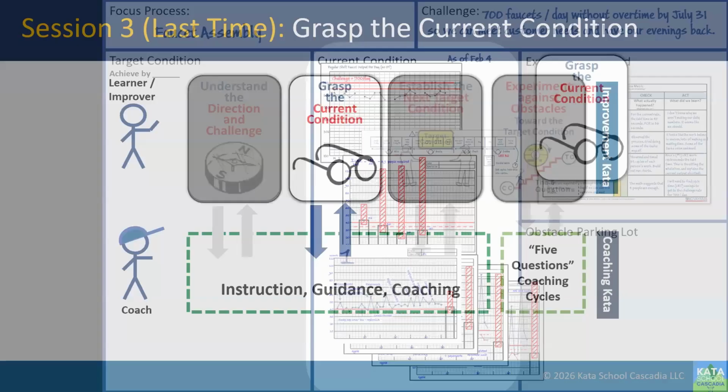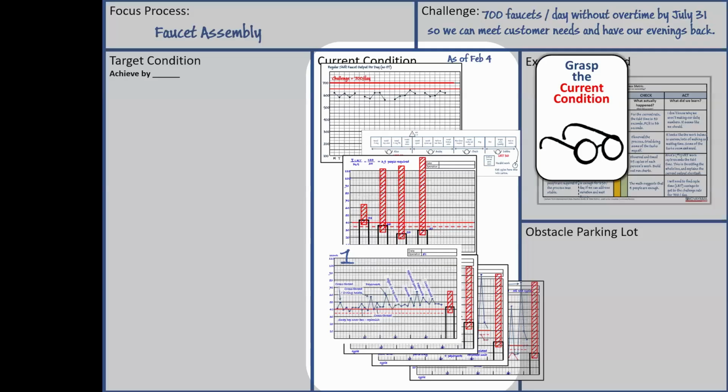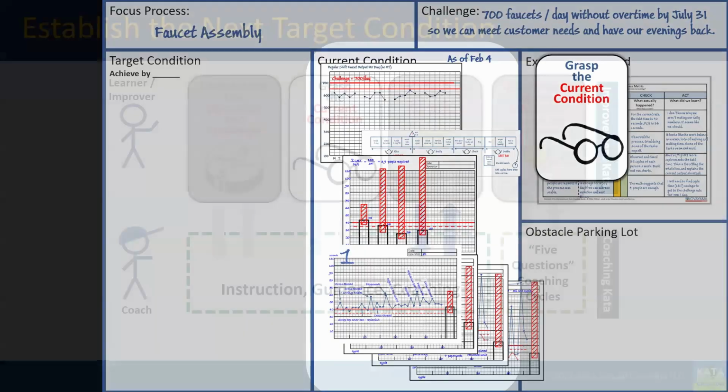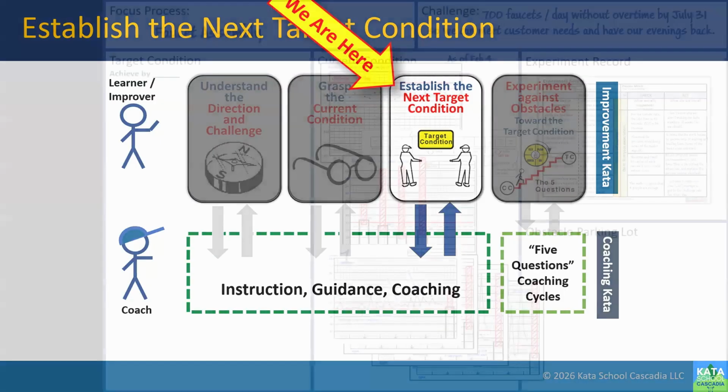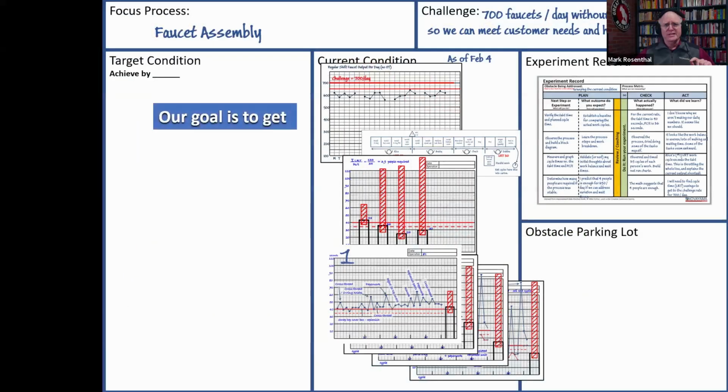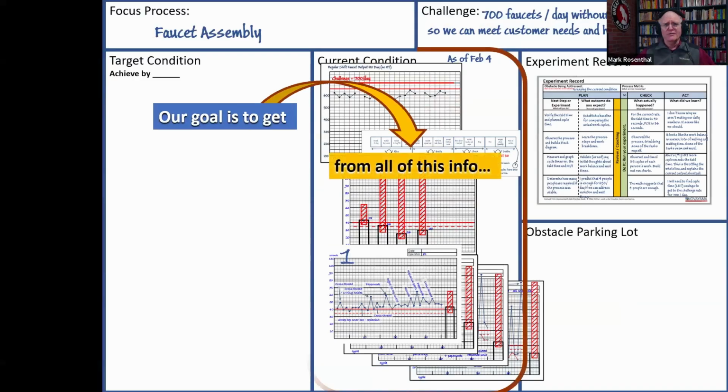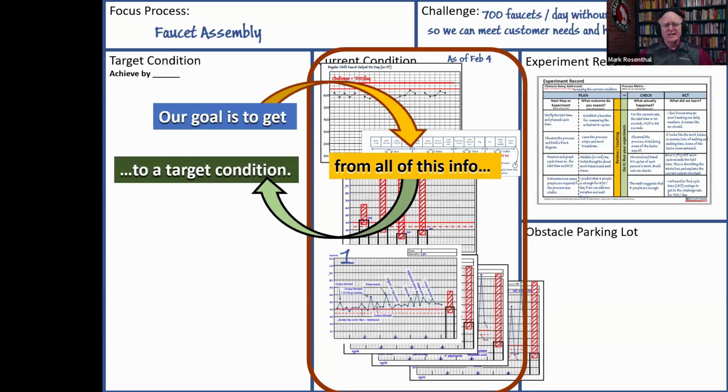We laid out how to do all of this analysis, and we ended up with the center of the storyboard being populated. So today we are working on establishing the next target condition. The real goal here is how do we get from all of this information and boil that down to establish that next target condition.